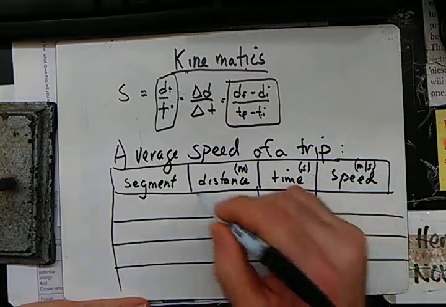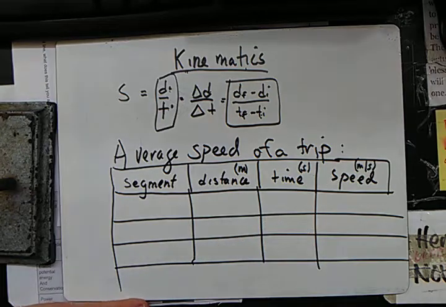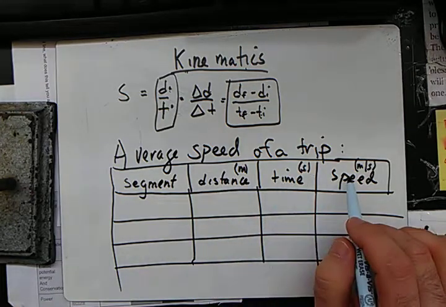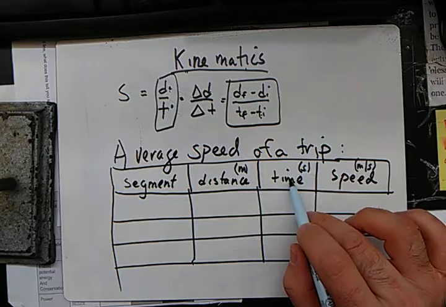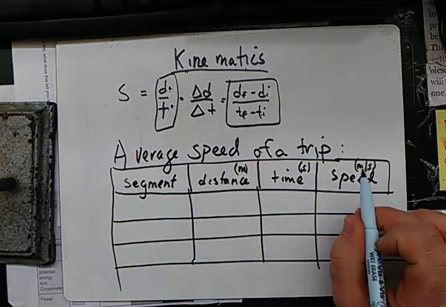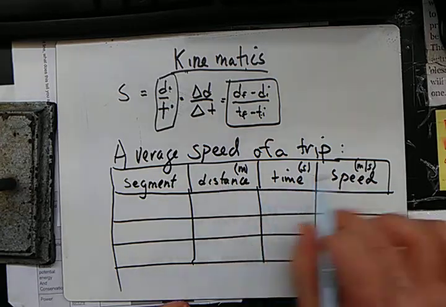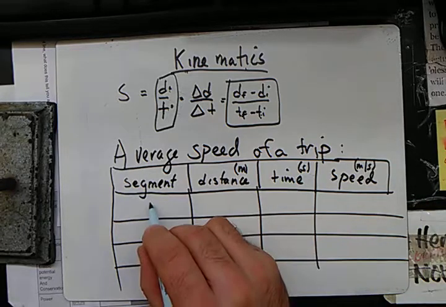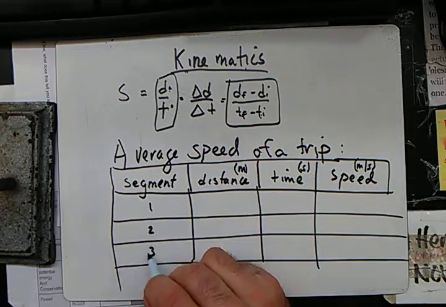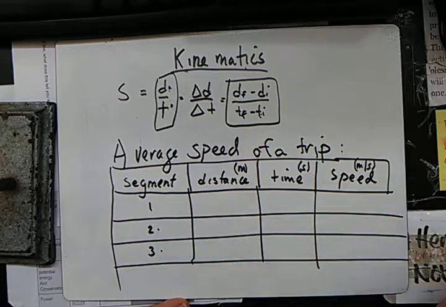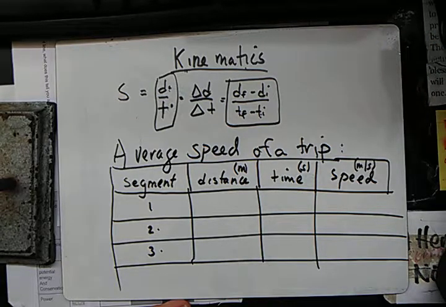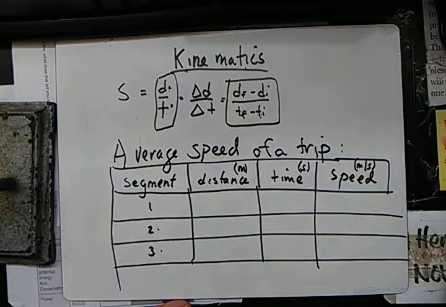We already learned how to calculate distances from time and speed. We already learned to calculate time from speed and distance. We learned how to calculate speed from distance and time. So like the first segment and then the second segment and the third segment of the trip, we're going to make almost like a story to go along with it. So here's the story.